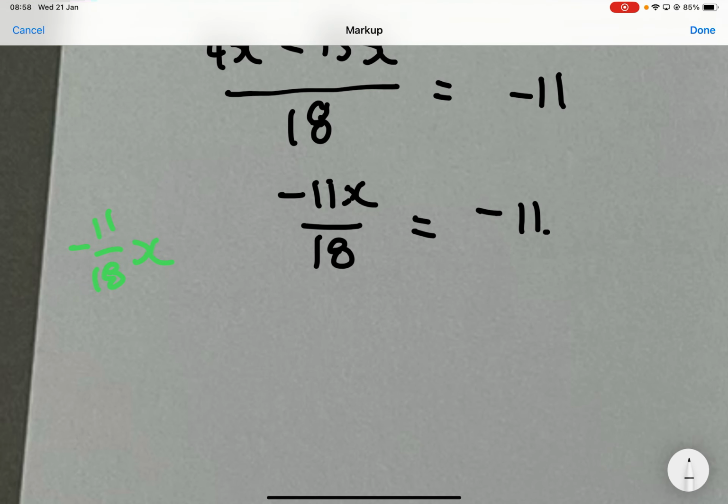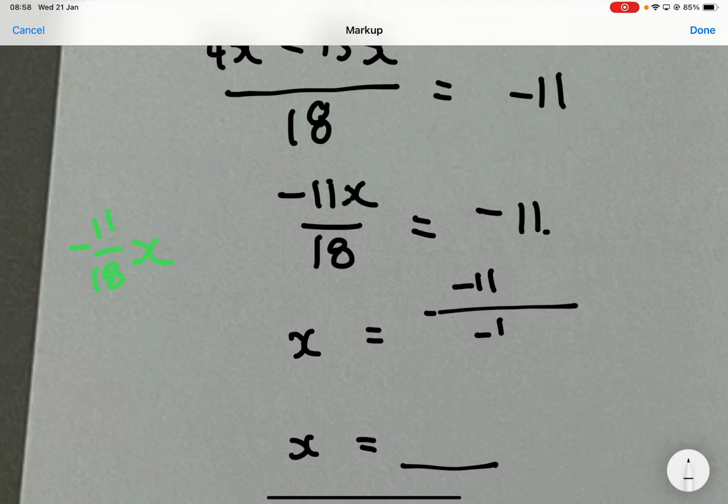So my final step is I want x. So I want to come from here to here. I need to divide both sides by this whole number that is in front of x.